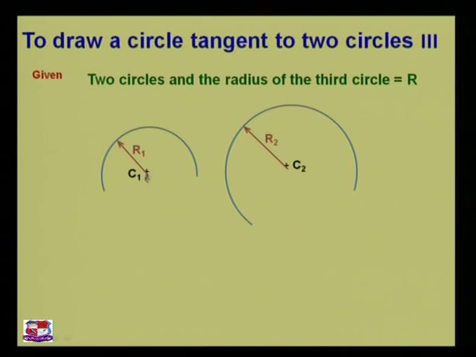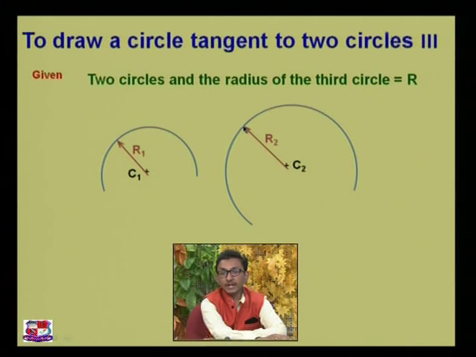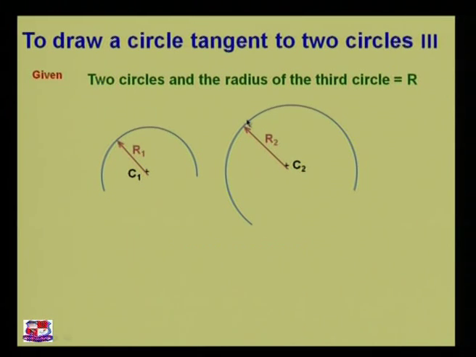Now, again the same thing has been given. Center is C1, radius is R1. Center is C2, radius is R2. We need to draw a circle which is tangent to these two circles. How are we going to do that?